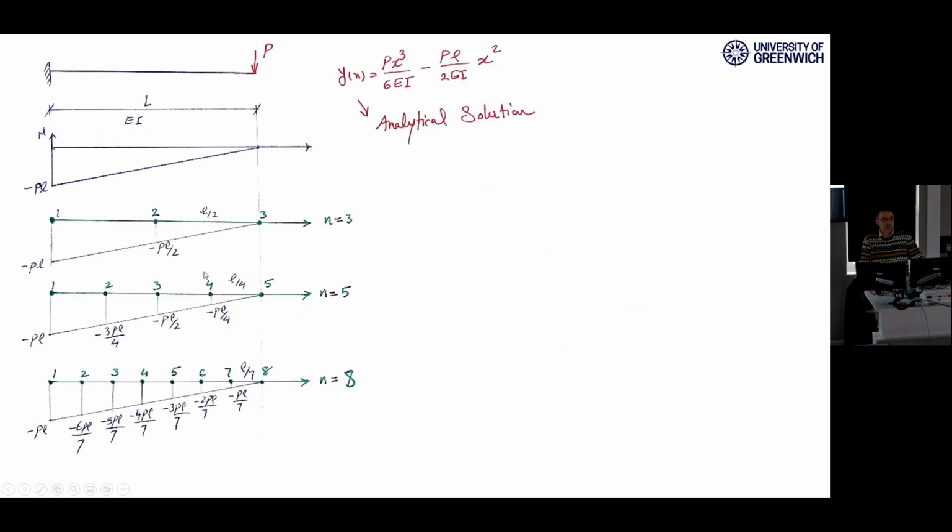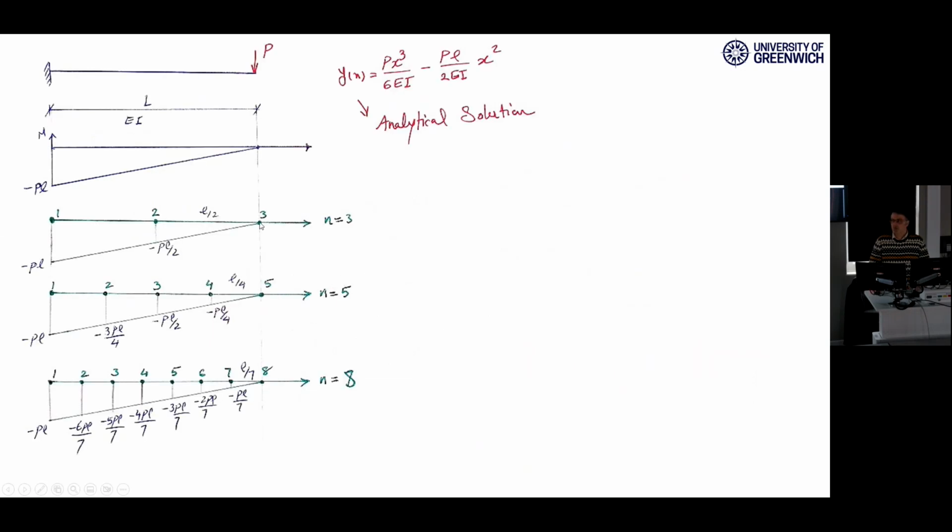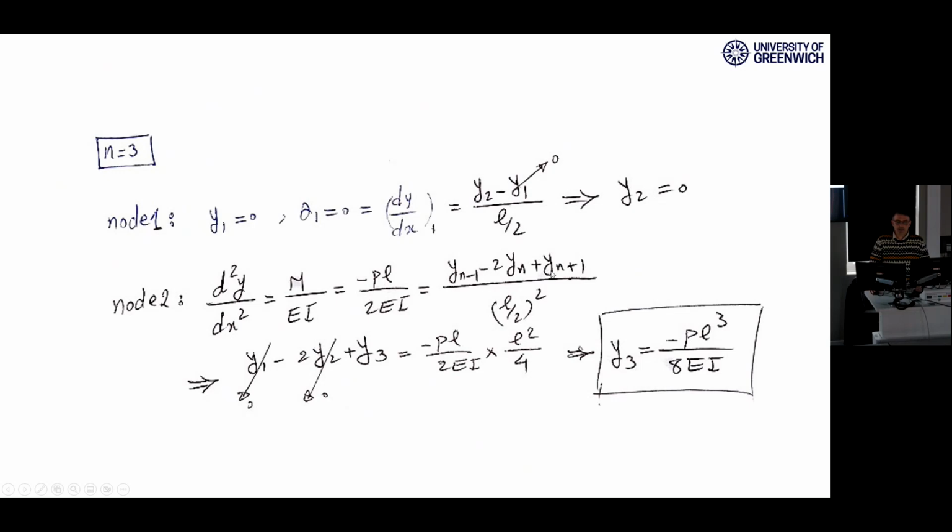What I've done really is that I've used the formula for only point 1 and only point 2. I cannot use it for point 3 because if I use it for point 3, there will be terms involving y4, and I don't have any y4. I only have y1, 2, 3. I cannot implement this equation for n equal to 3 because this term will be y4. So for the last point, I cannot do anything.